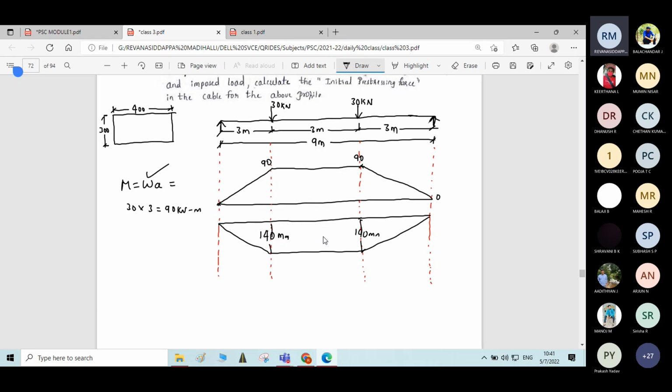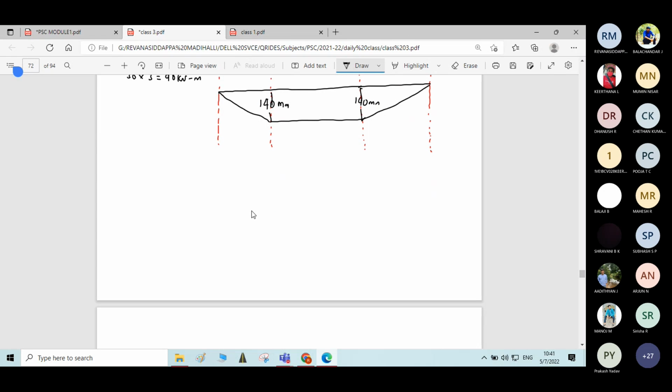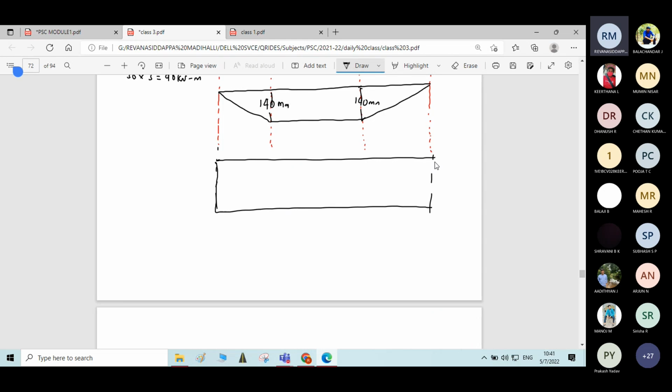Therefore, you write the beam diagram, and the same cable profile, whatever I have written here, I will show here.